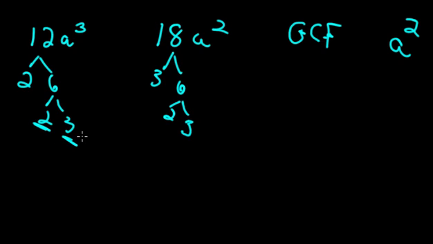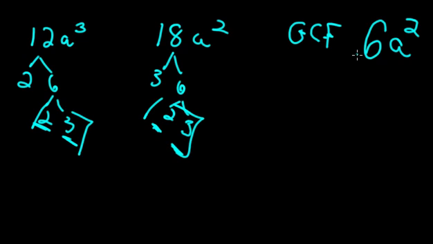It has a 2 and a 3, and a 2 and a 3. So they both share 2 times 3, and 2 times 3 is 6. And so the greatest common factor of 12a cubed and 18a squared is 6a squared.